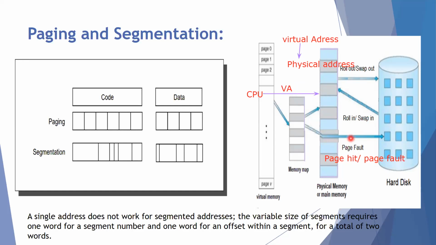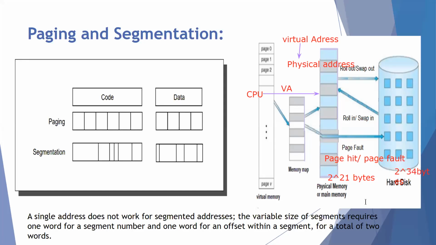I'll give you an example. See, I have 2 raised to the power 34 bytes as the virtual memory size, and 2 raised to the power 21 bytes as the physical memory size.